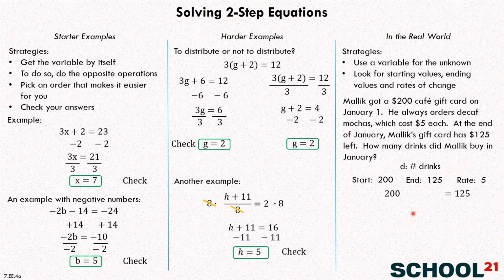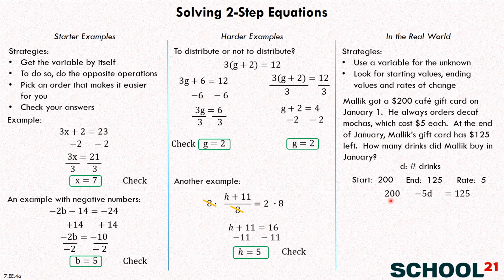Well, if you think about it, for each drink, we subtract $5 from the 200. So we're going to go ahead and write minus 5D. If we put 1 in for D, that would be minus $5 off. If there were 2 drinks, 2 in for D, that would be minus 10 off, etc. So this gives us the story of what happened. We started with 200, minus 5 for each drink, ended up at 125.